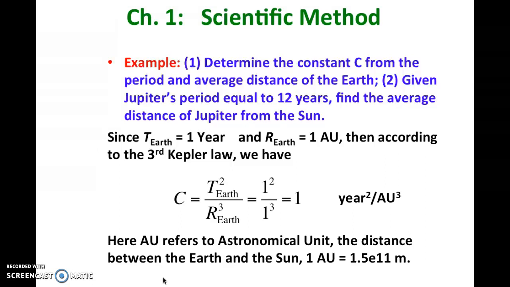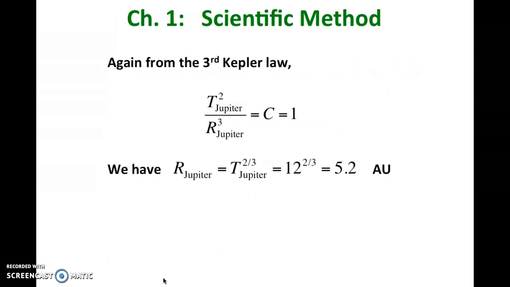The second question of this example is to find Jupiter's average distance to the Sun when Jupiter's period is given by 12 years. For Jupiter, Kepler's law gives the ratio between the square of Jupiter's period and the cube of Jupiter's average distance to the Sun to also be equal to 1.